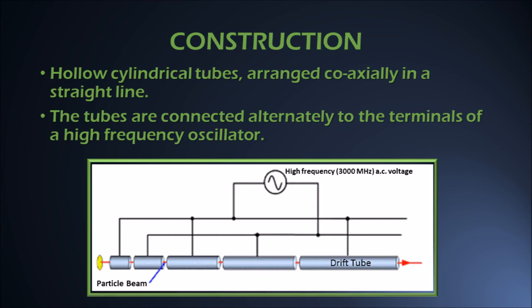The cylindrical tubes are connected alternately to the terminals of a high frequency oscillator, that is first, third, fifth, seventh and so on. These are connected to one terminal of oscillator, and even number tubes, that is second, fourth, sixth, etc., are connected to the second terminal of oscillator.